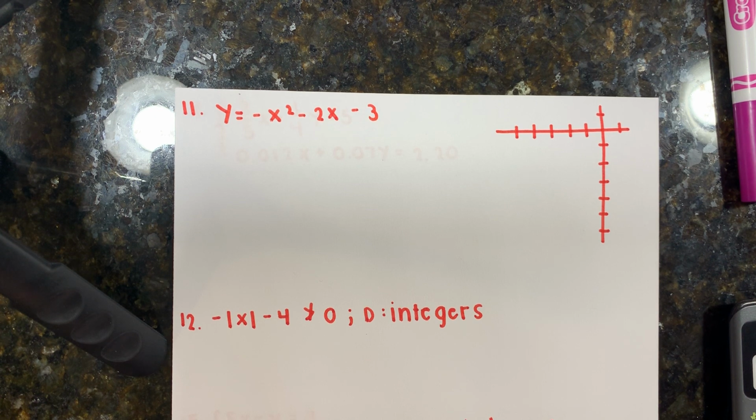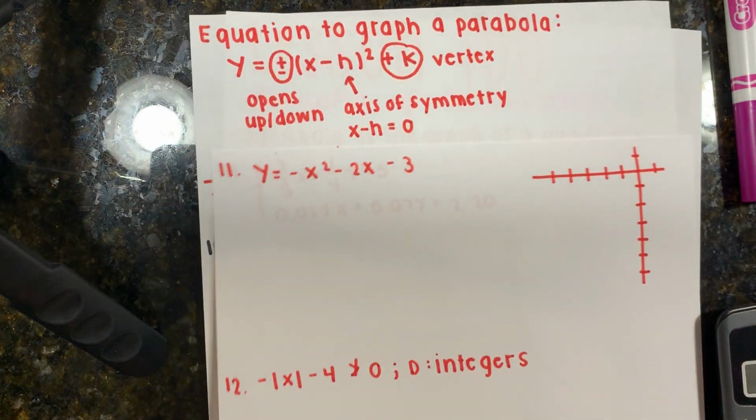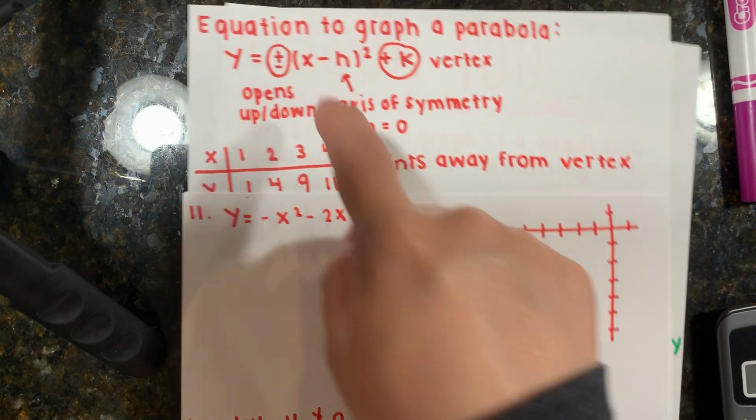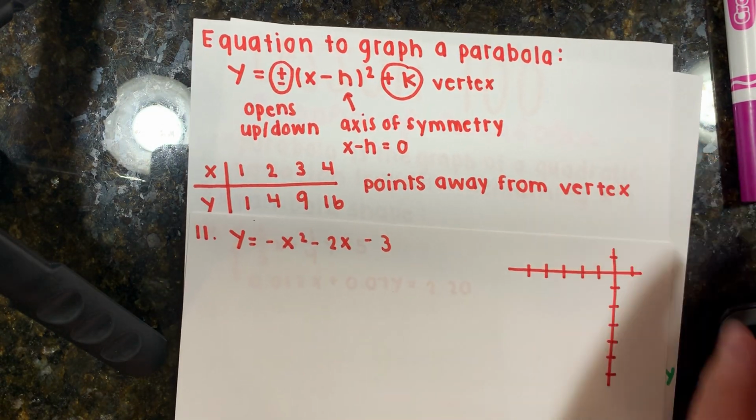Now we're going to look at number 11, and this one is based off of the lesson where we talked about graphing a parabola, which was lesson 100. So I'm going to pull out that equation right there. What we need to do is complete the square to get an equation that looks like this so that we're able to graph it.